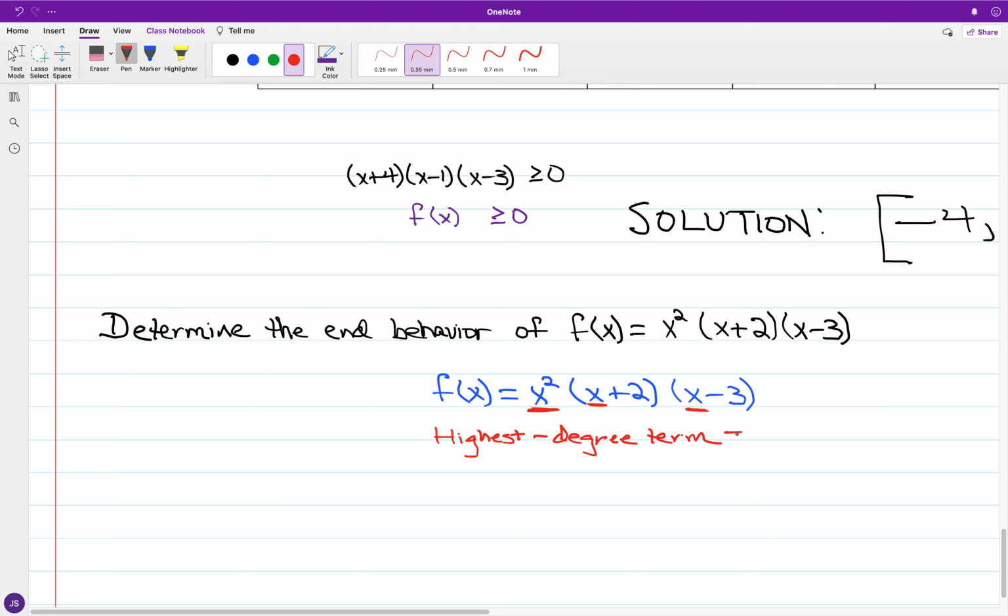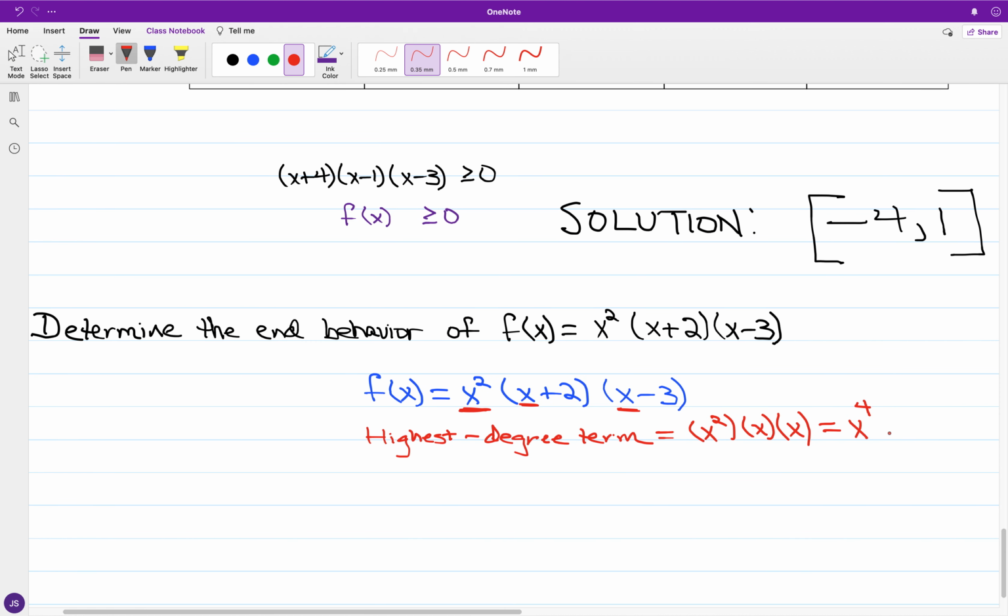So you take the product of x squared, x, and x. The highest degree term is going to be x to the fourth.